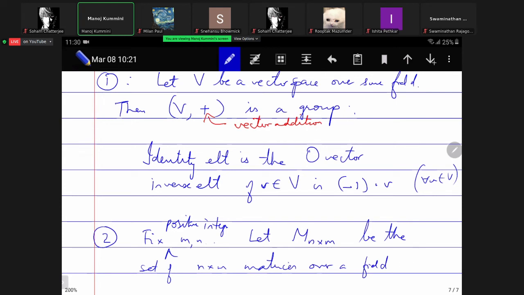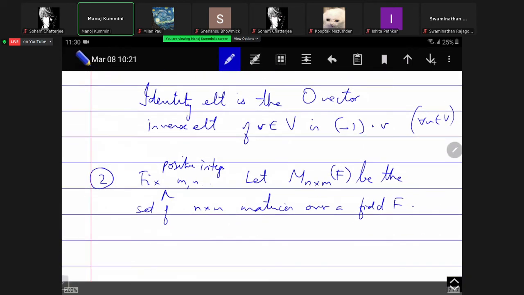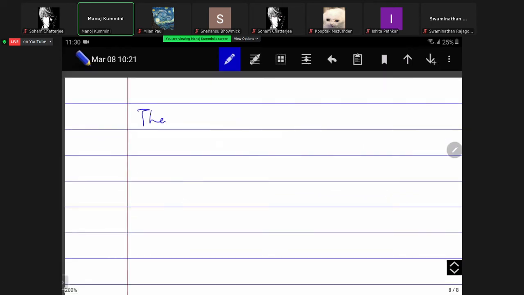Whatever field, real, complex, rationals, any other field that you're fitting. Then M_{n×m}(F) with plus is a group with matrix addition.